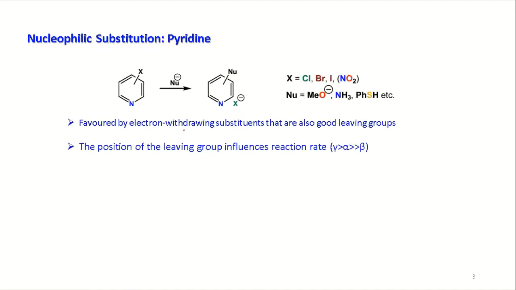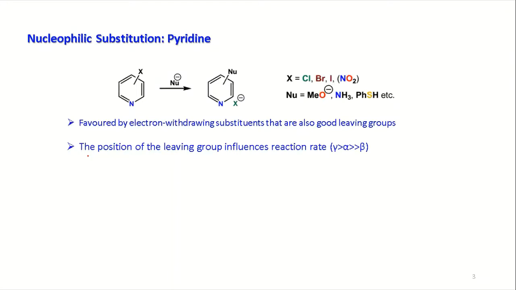Suppose you have electron withdrawing substituents that are also good leaving groups. So the reaction will be more favorable if X has the potential of acting as a good leaving group also. That means if you go for chloro, bromo or iodo, definitely it is the iodo which is going to react faster, right?